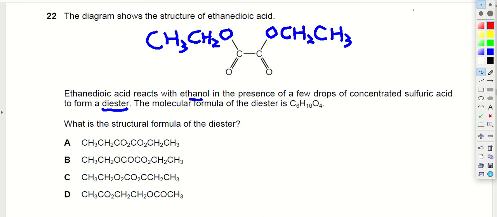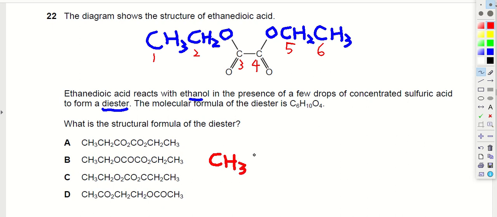Before that, I want to number the carbon so that I won't miss out any carbon. 1, 2, 3, 4, 5, and 6. Now I'll draw the structural formula. Start from carbon number 1, CH3.